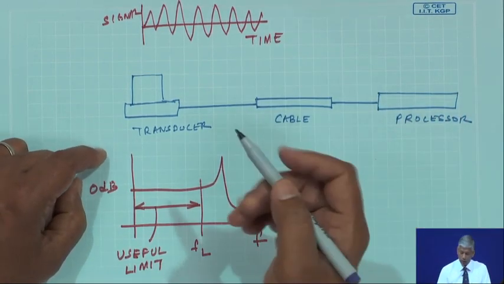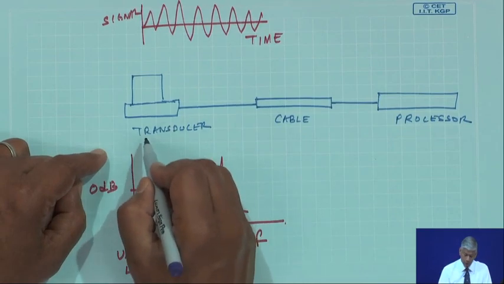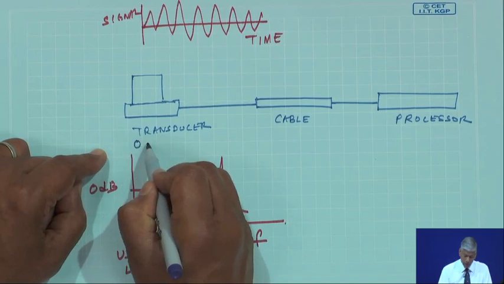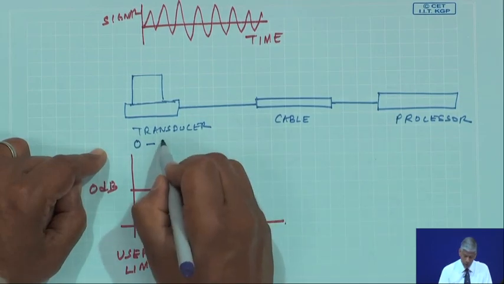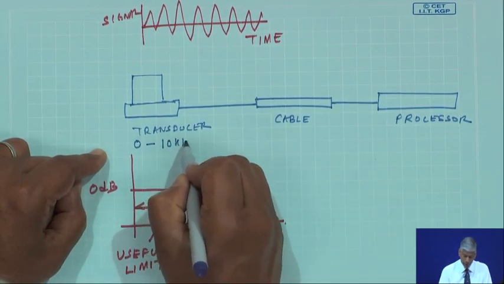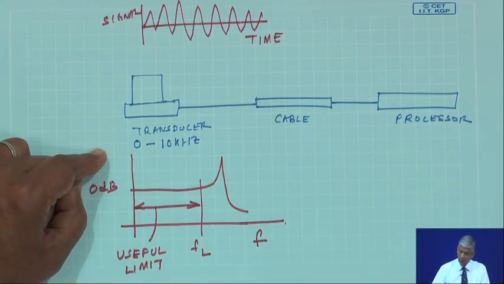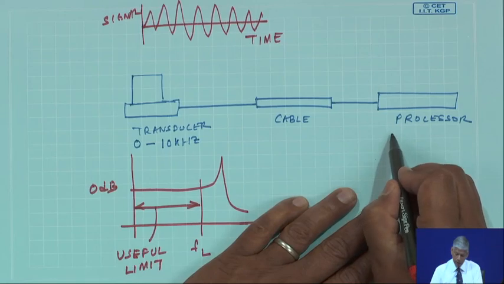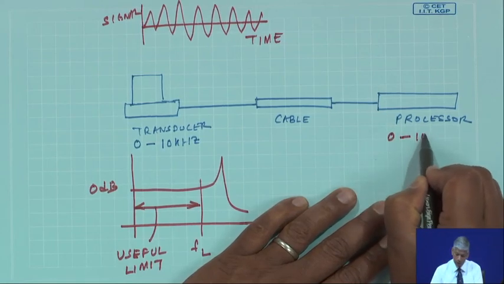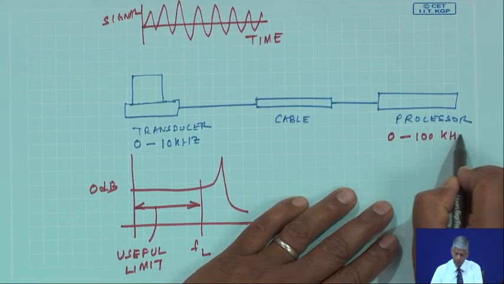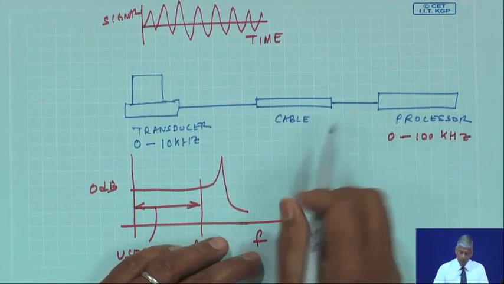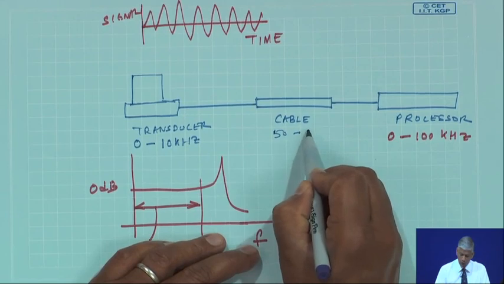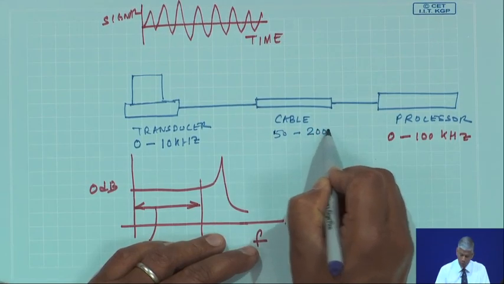Now, for the sake of discussion, suppose my transducer has a usable frequency range from 0 to 10 kilohertz, and the processor can measure anything from 0 to 100 kilohertz. But my cable can only measure from 50 to 2000 hertz.